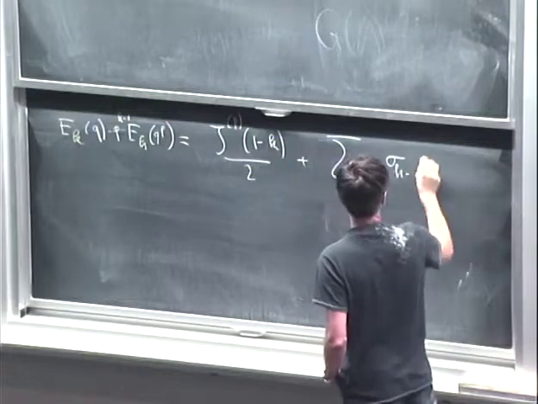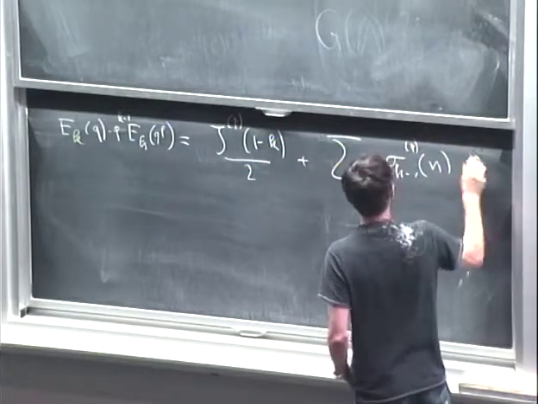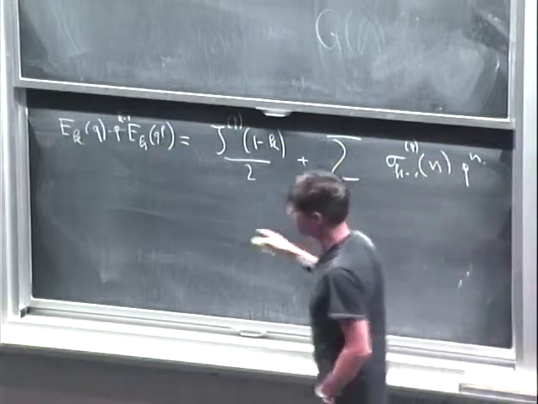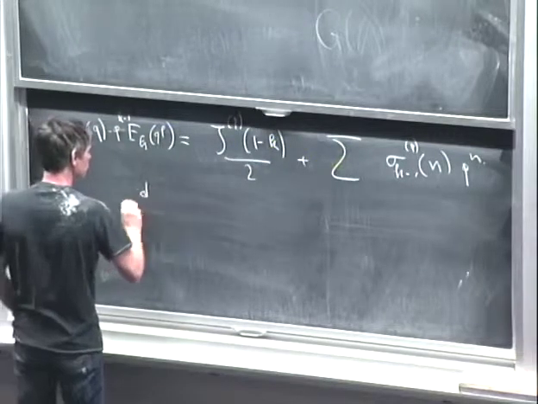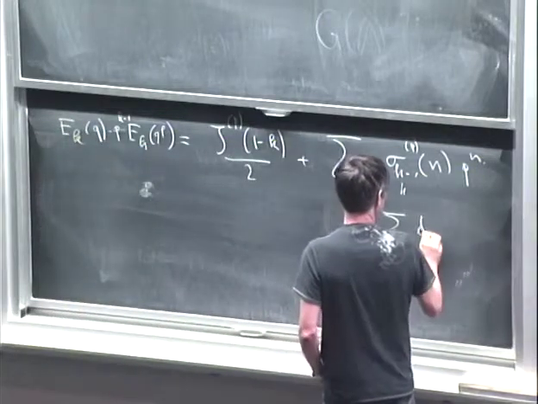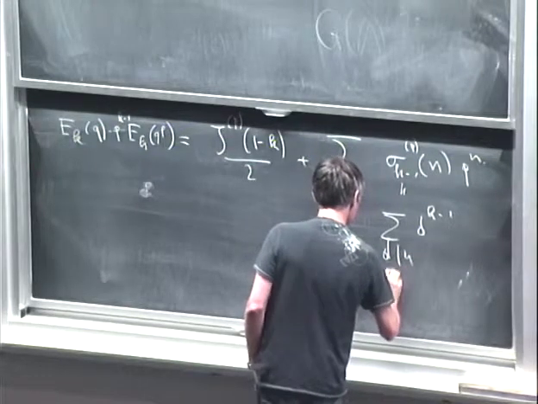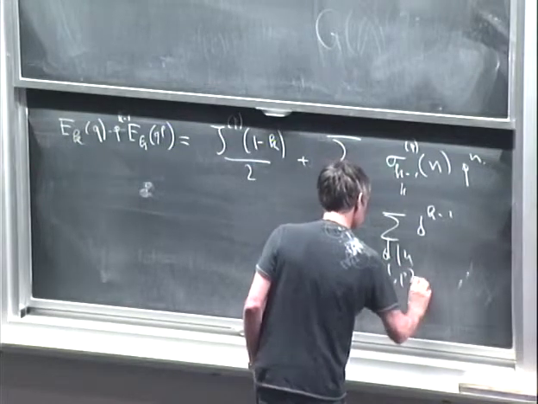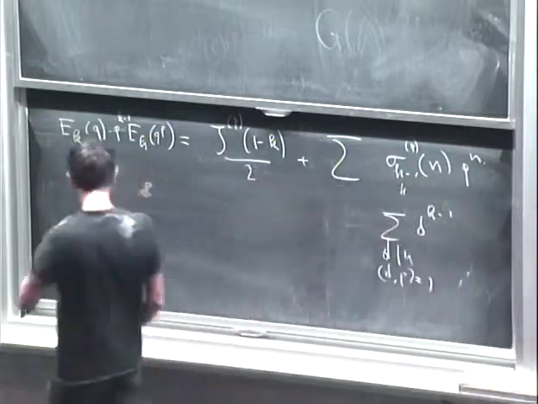And here you have the sum sigma star k minus 1 of n, Q^n, where this sum is the same sum, but where you restrict to the divisors of n which are prime to p. So this is the sum of d to the k minus 1 for d dividing n, d prime to p.